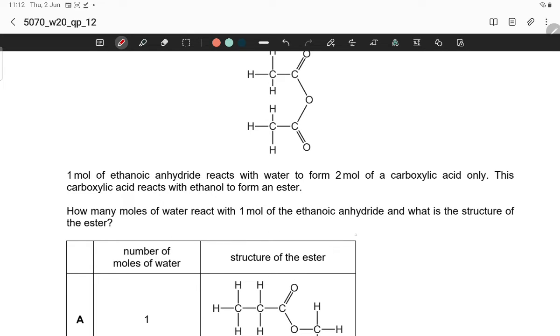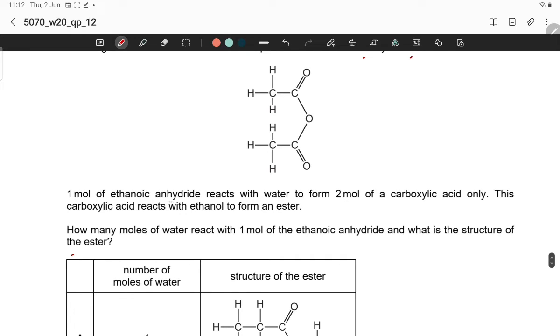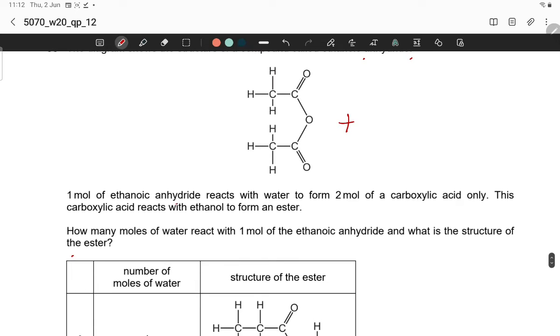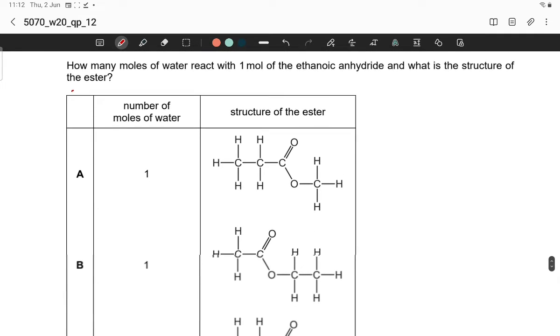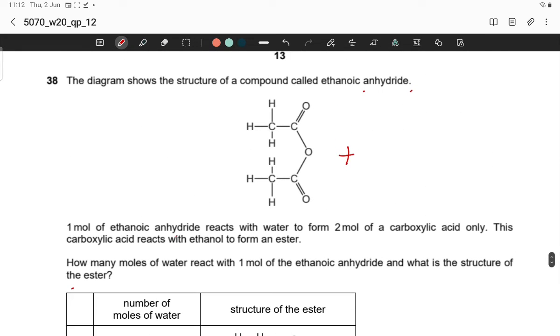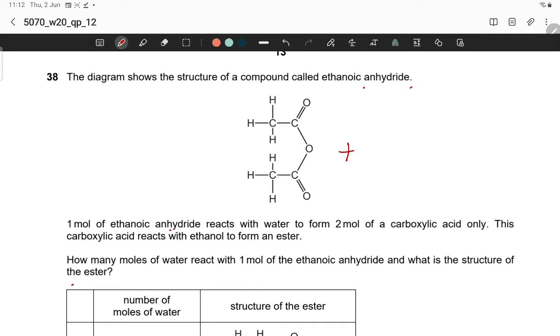How many moles of water react with 1 mole of ethanoic anhydride, and what is the structure of the ester?